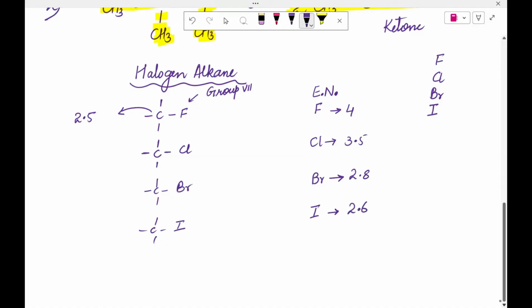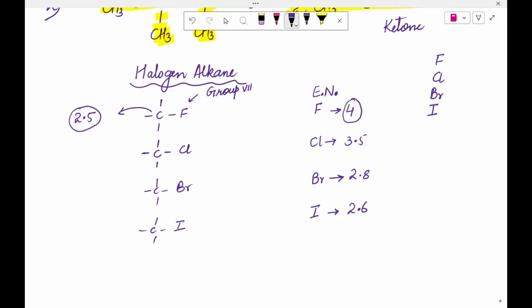So you can see from this that the difference of electronegativity between carbon and fluorine is maximum. Carbon has 2.5 and fluorine is the most electronegative in the whole periodic table.